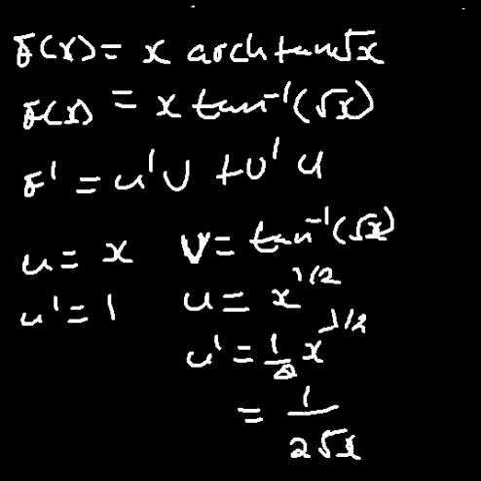In this case, v prime is given by the differentiation key for tan inverse, so we have u prime over 1 plus u squared.